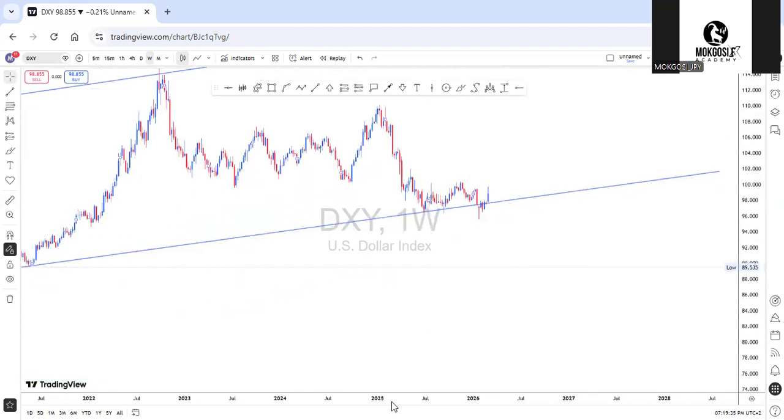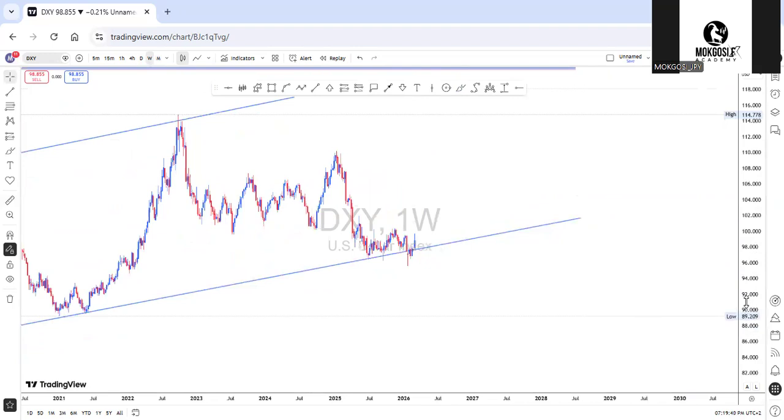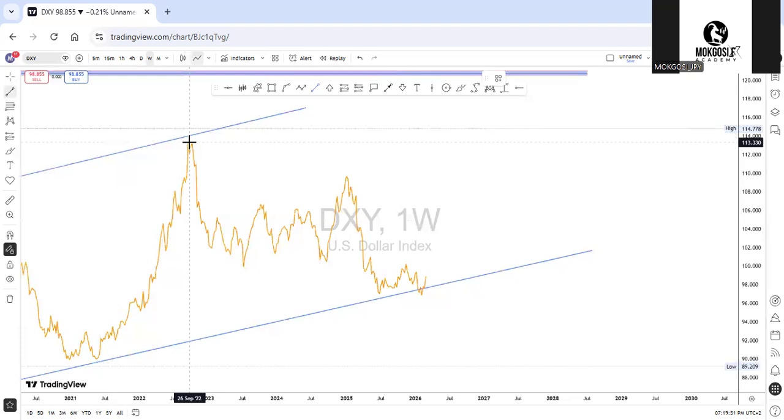We are on the weekly time frame right now. The main point we want to see here is whether we are on the corrective side or the impulsive side. So what I'm going to do is turn to a closing chart, and once I move to another time frame, I will adjust my trend line.